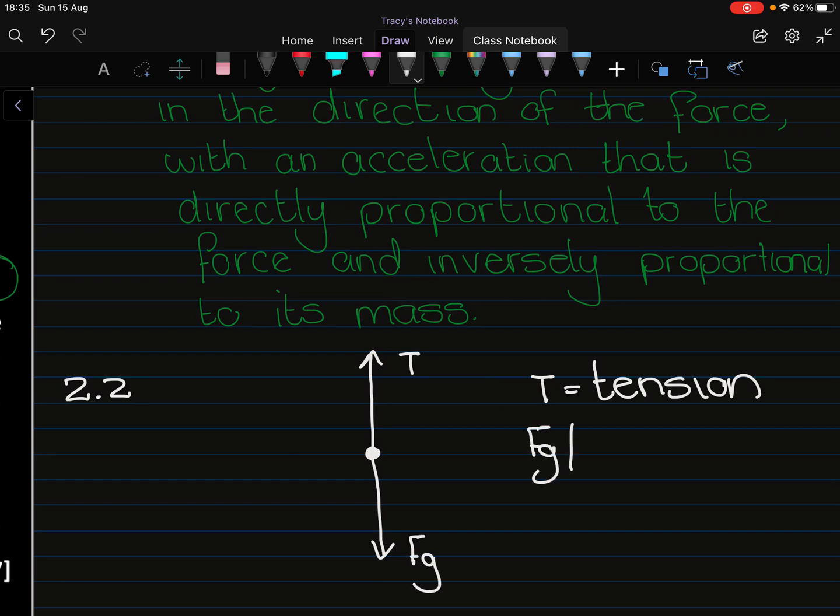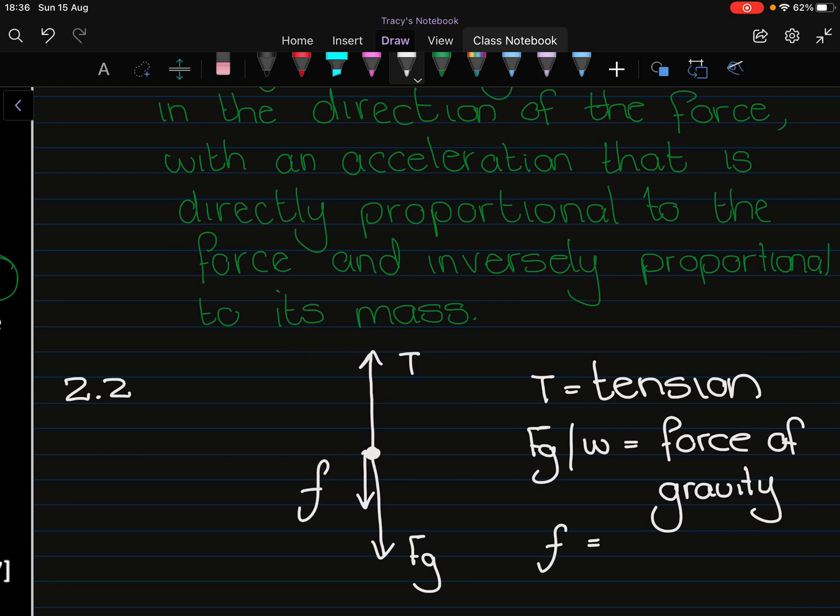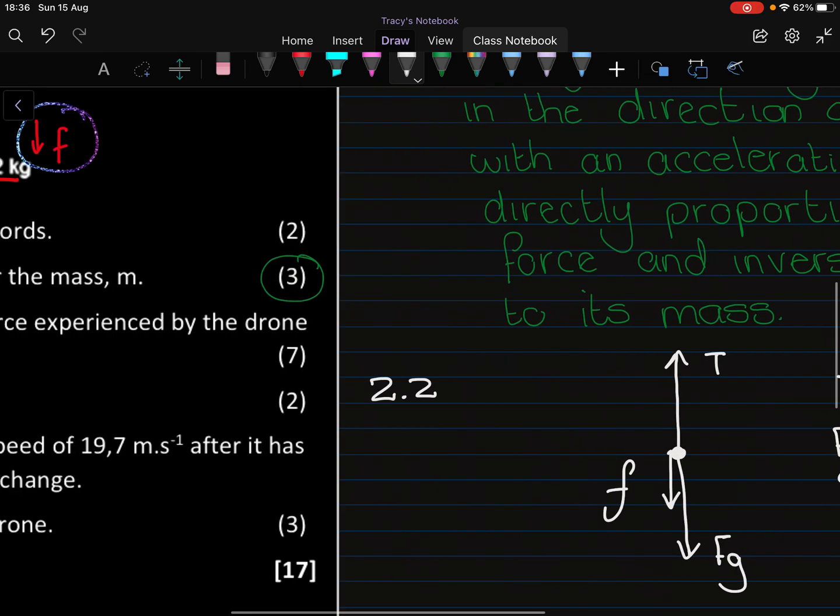You may see this labeled as W, which is gravity or weight, the force of gravity. And then the big one, which you need to be careful with, friction. Please remember, it said draw a labeled diagram, which is pretty much what you're always going to be asked to do. You need to give a key. You need to tell me what each of these are for. We're good.